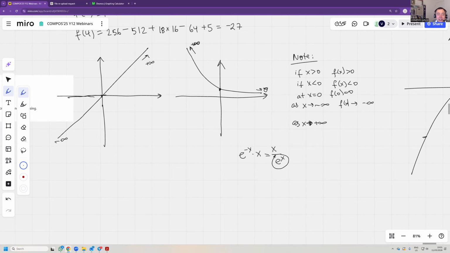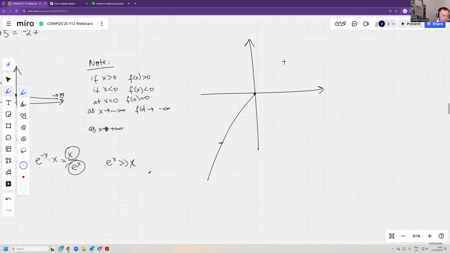E to the power x is much, much, much bigger than x. And therefore, for positive values of x, it tends to 0. As x tends to plus infinity, f of x tends to 0.